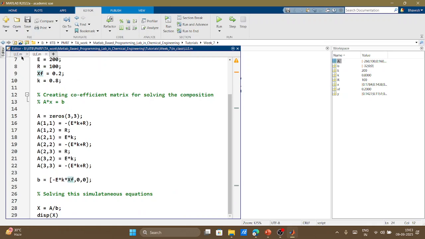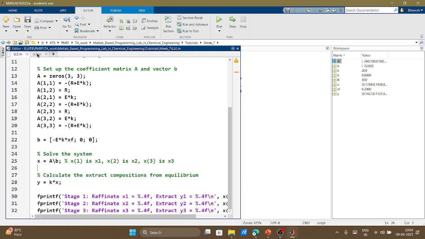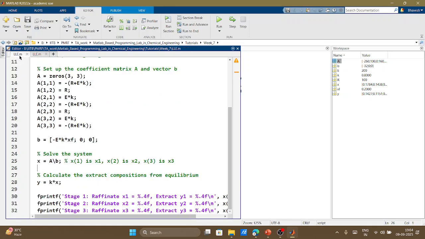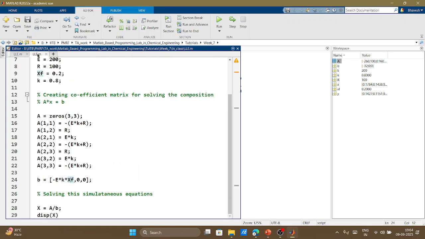R minus EKR, EKR. Oh, the matrix I have chosen, it should be a vector this way, not the row.